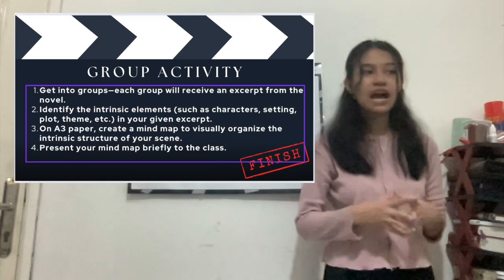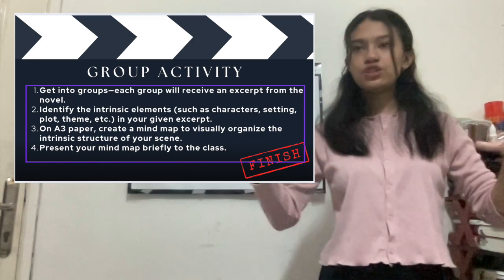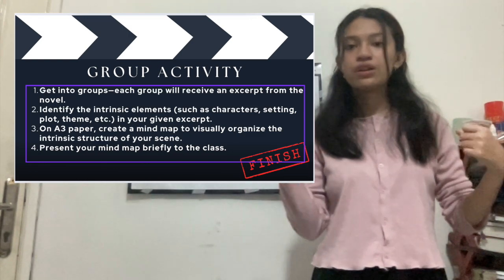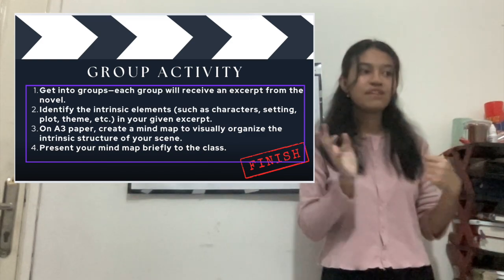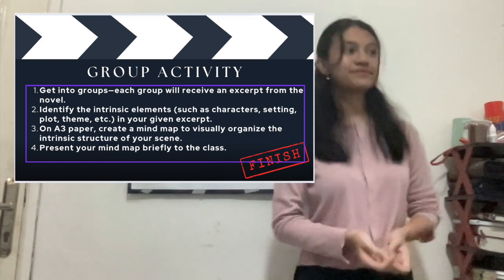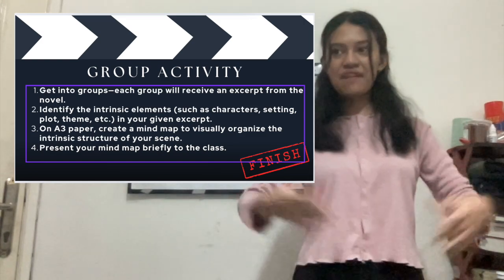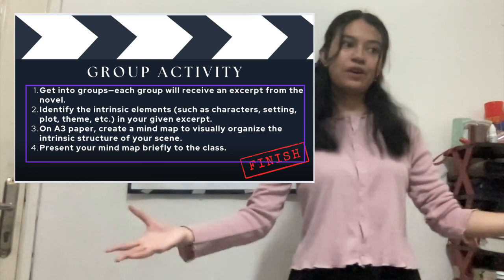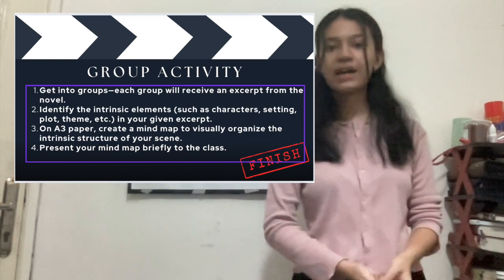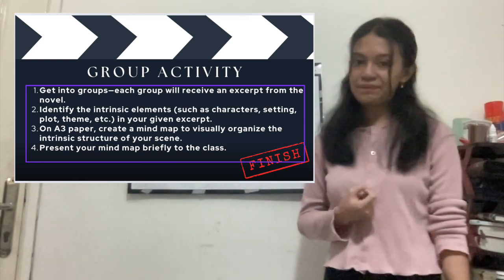Okay, now we're going to have a group activity. I want all of you to find yourself a group with 4 members. I'll give you 2 minutes. Okay, now that everyone is already in their own groups of 4, I'm going to explain the group activity.